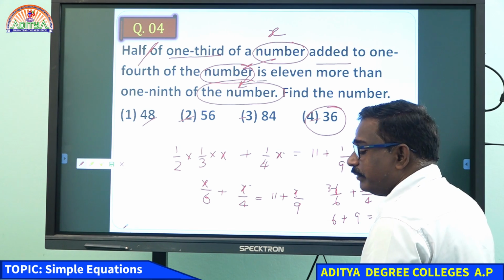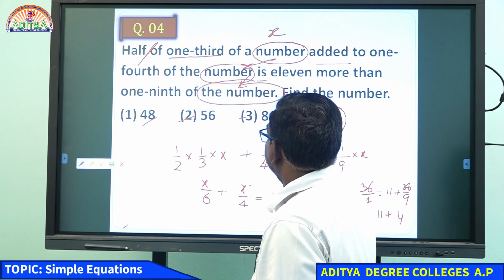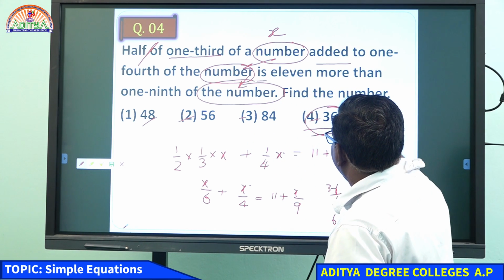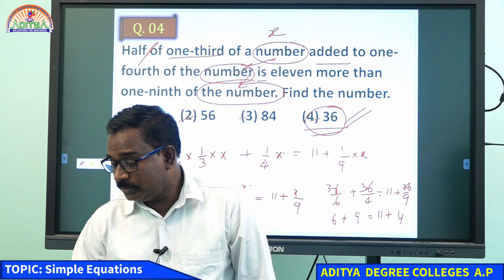So 6 plus 9 is 15, 11 plus 4 is 15. Both are equal, LHS is equal to RHS. So the given number is 36. Is it clear for everyone?